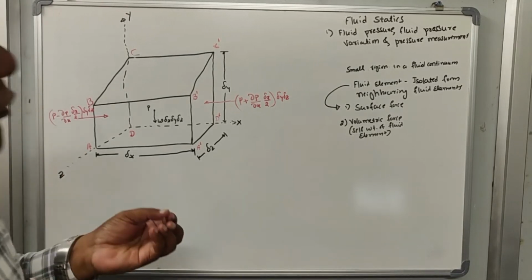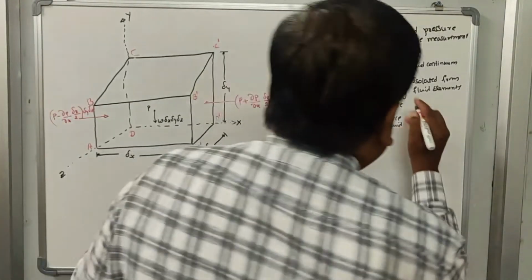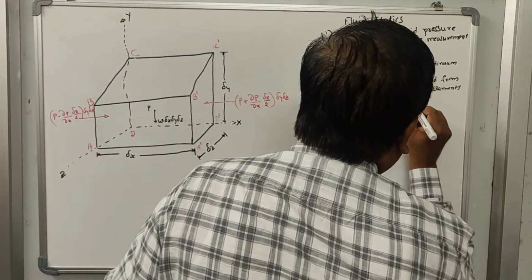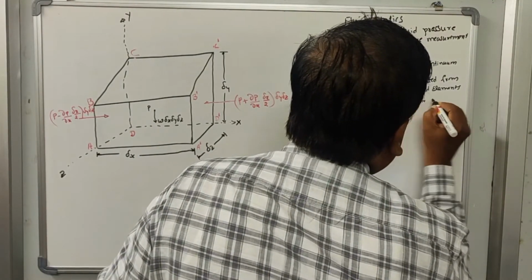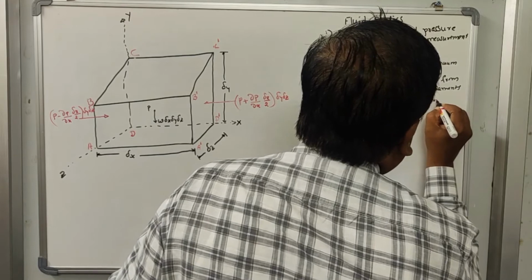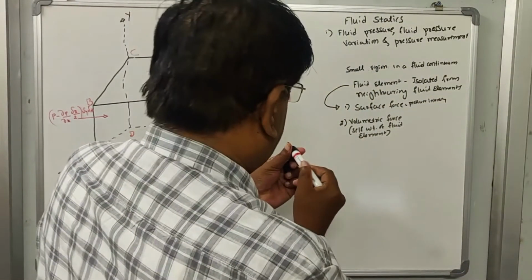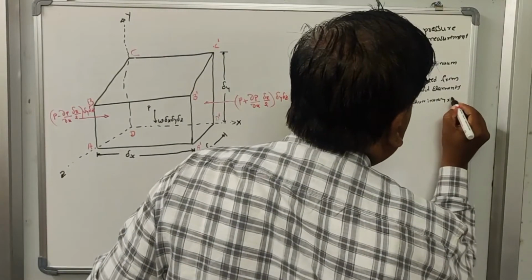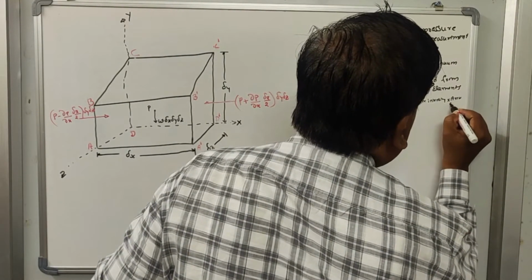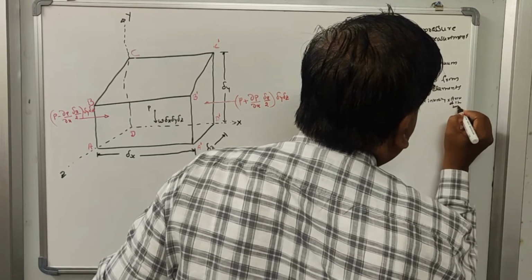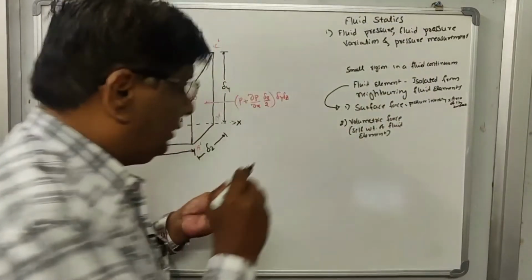And this surface force is equal to the pressure intensity, or pressure on the surface, multiplied by the area of the surface. This gives you the surface force.